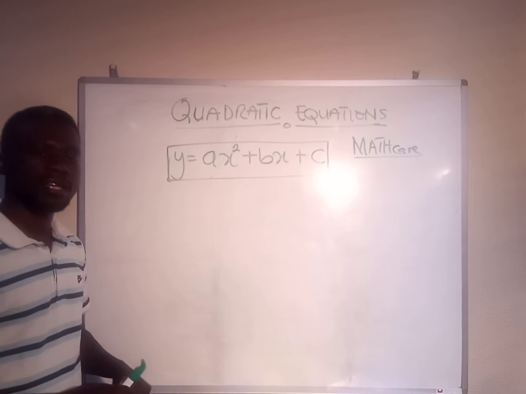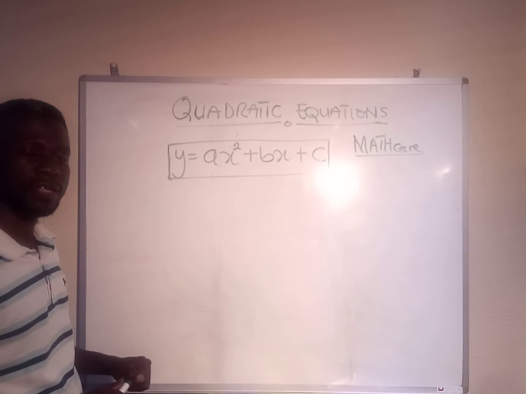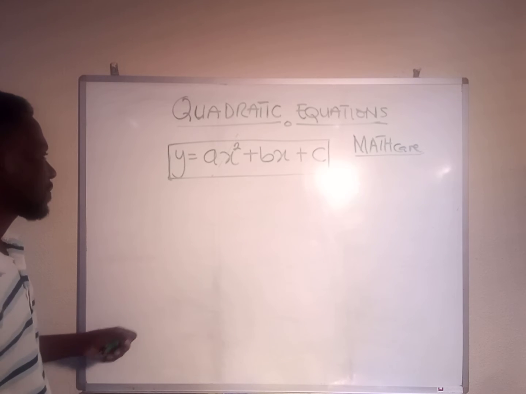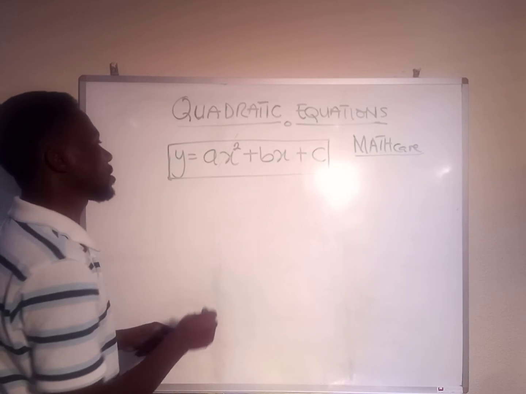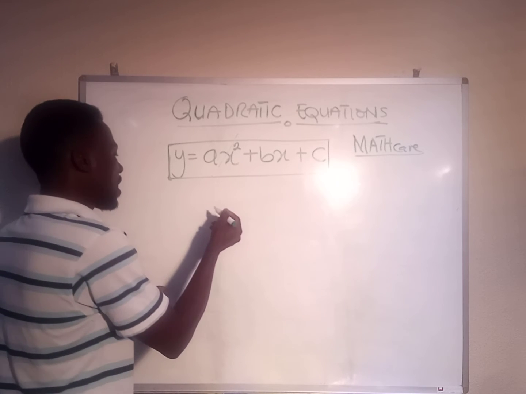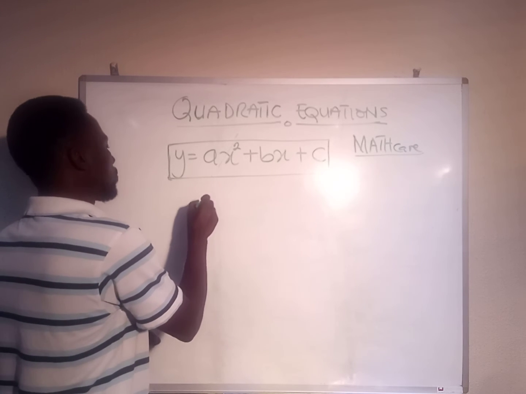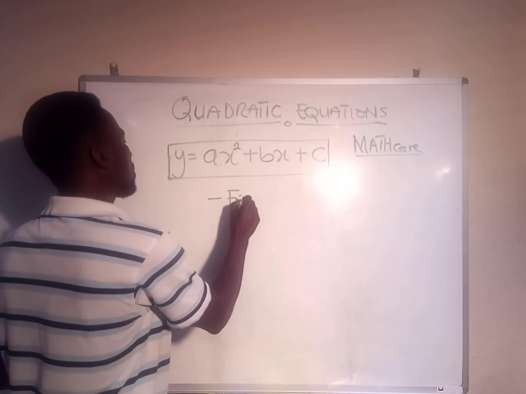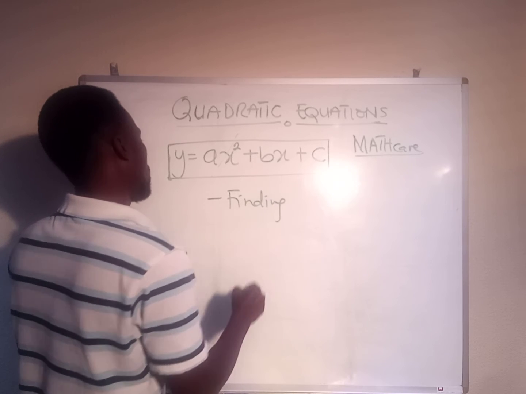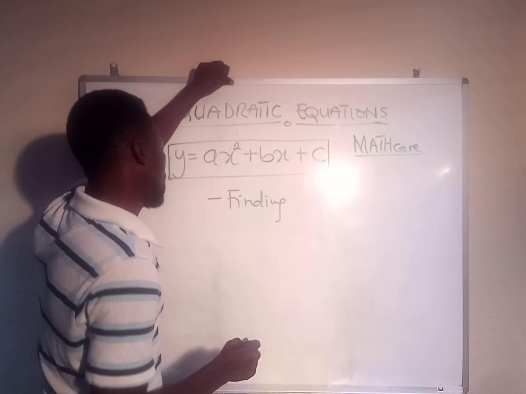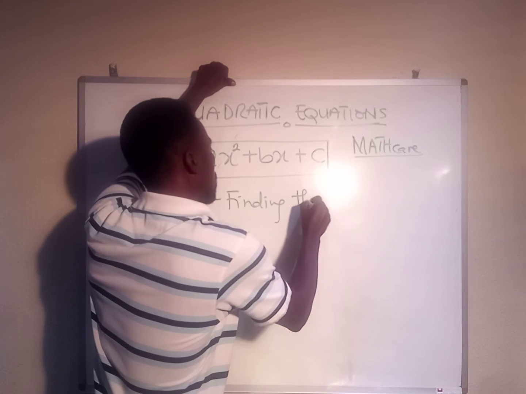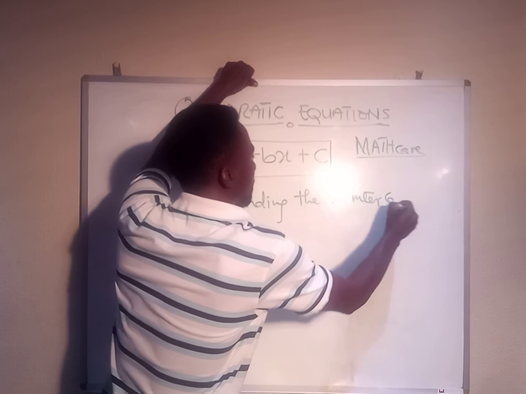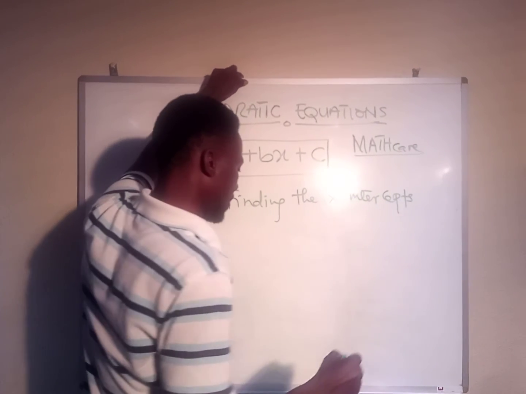Now, with all these things being said, what we're going to look at now is, we have said that whenever we have a quadratic equation, we may be asked to find, we will set the equation to be equal to 0, and we may set off to be finding the x-intercepts.